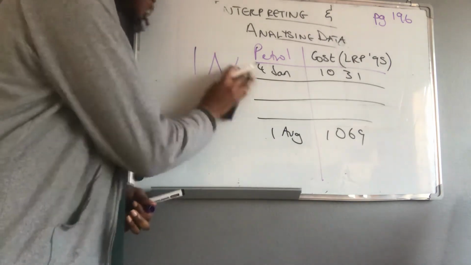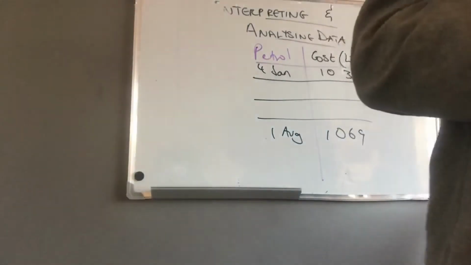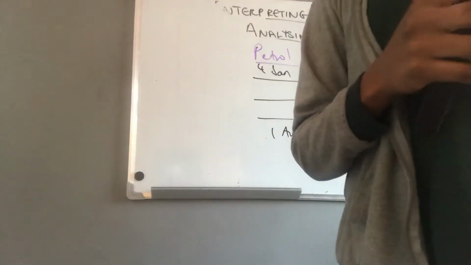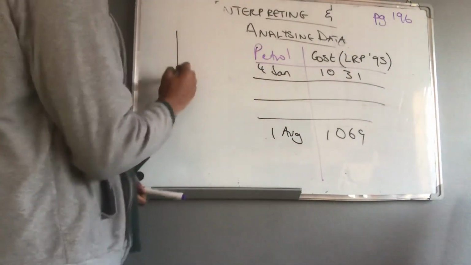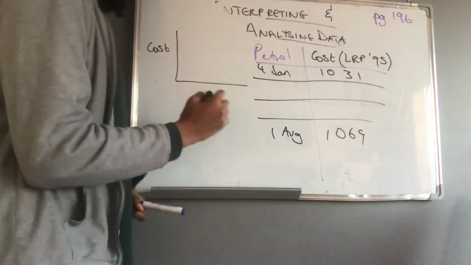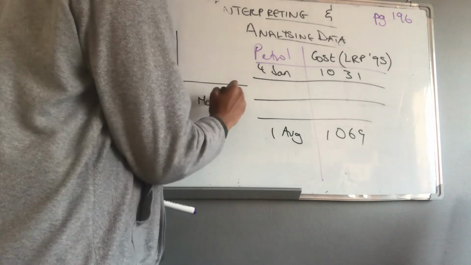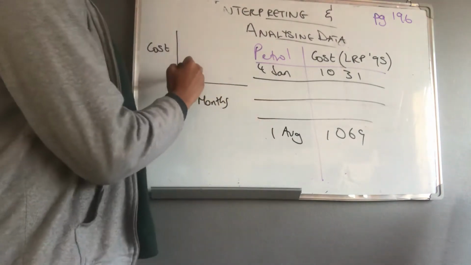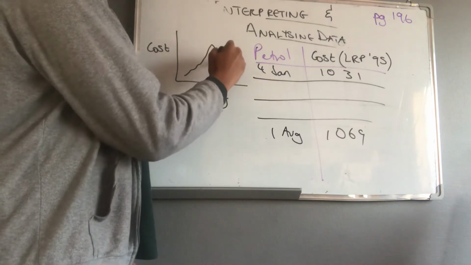We have done this before in terms of plotting the points, so we know how to do that. We've got our cost, and here we've got our months. And then the graph looks something like this.